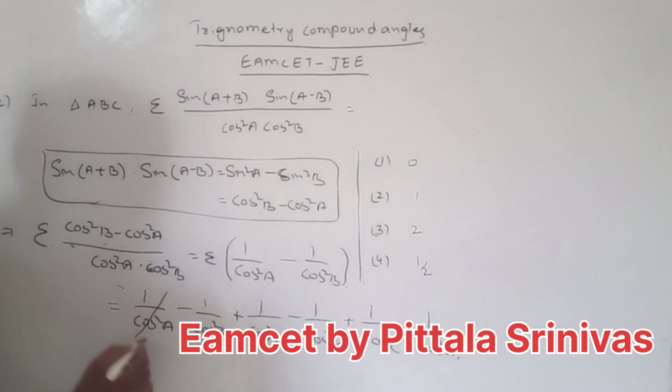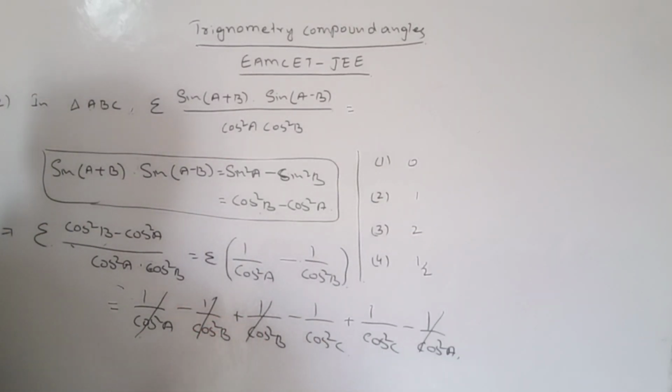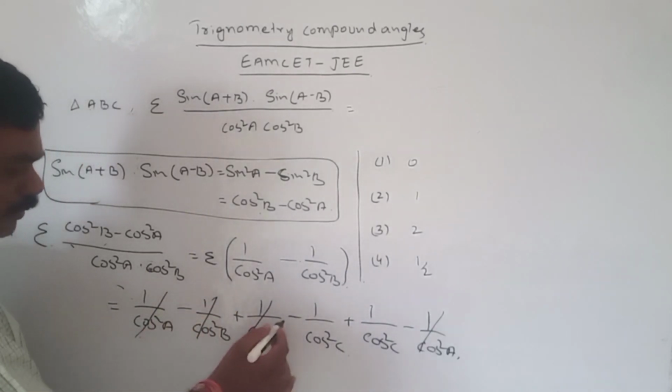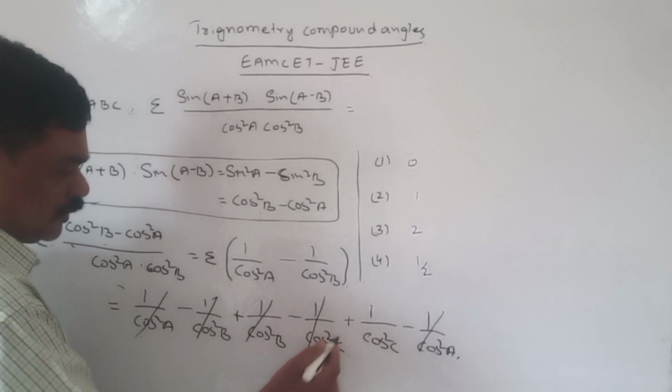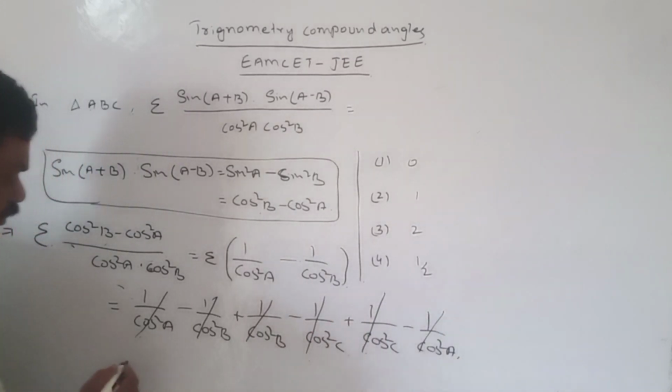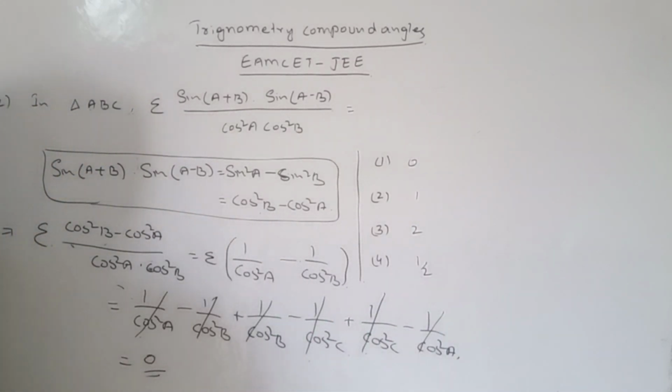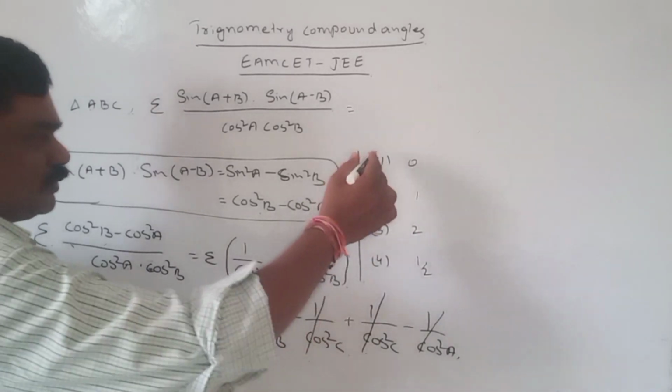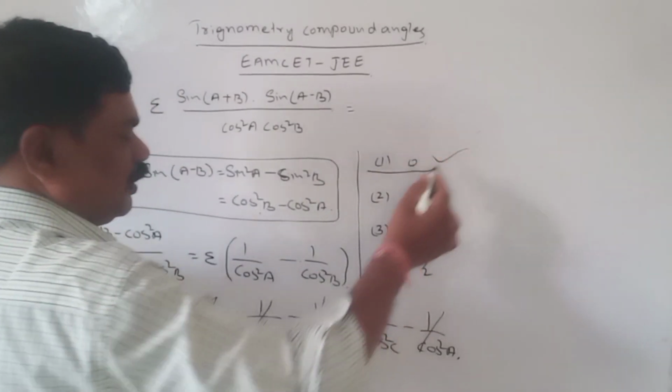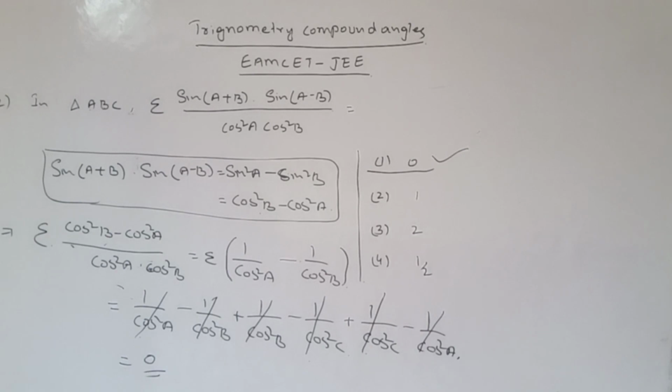Okay, all of you. Cos²A minus cos²A, cos²B plus cos²B minus cos²B, minus 1 by cos²B plus 1 by cos²B minus 1 by cos²C plus 1 by cos²C. So we have the answer 0. So we have option 1 is the answer. Okay, all of you. That's all.